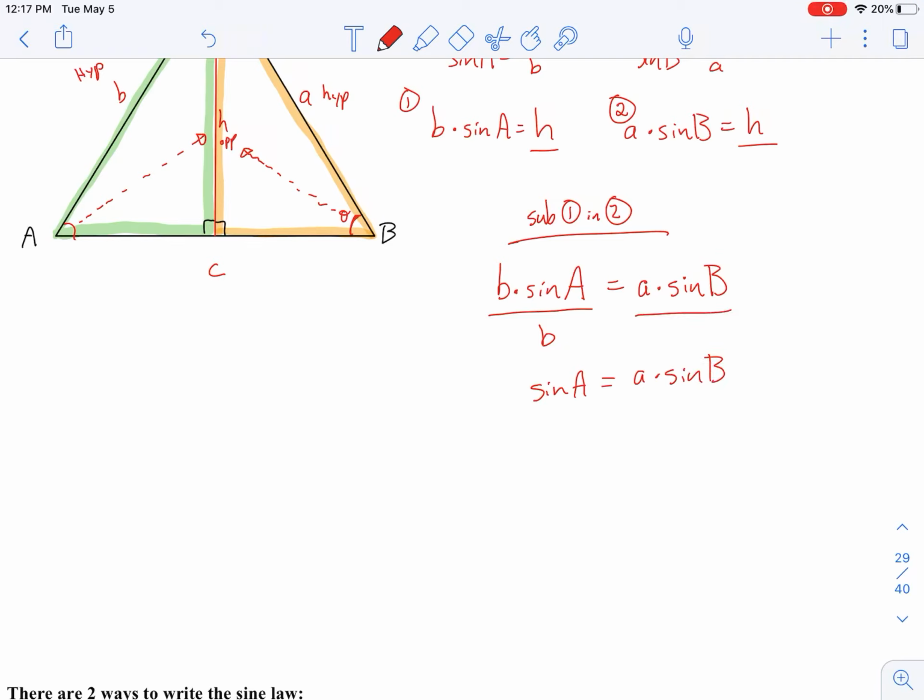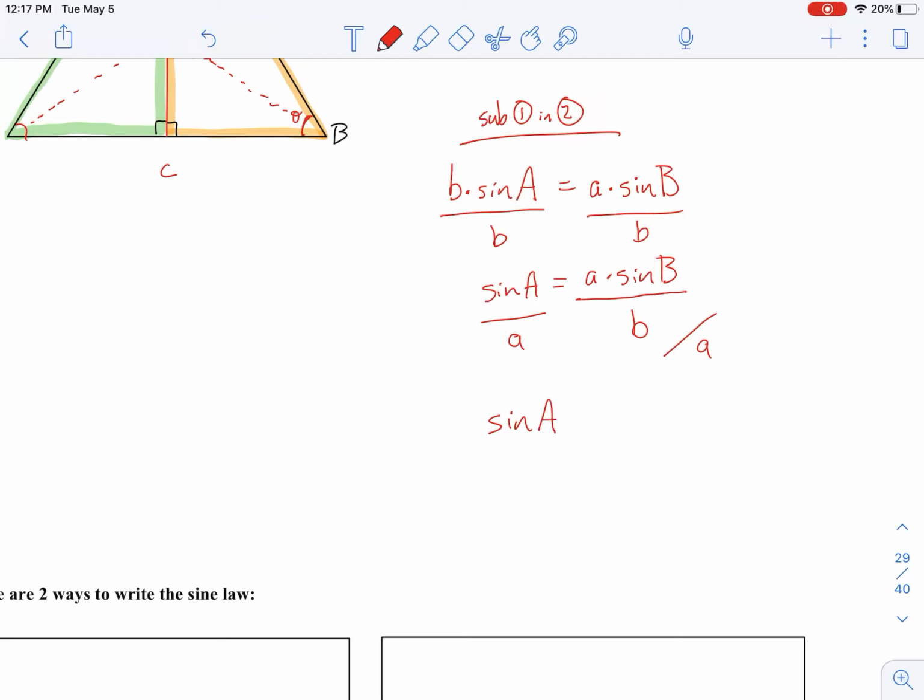I understand if you skip a step or two. So we get sine A over A is equal to A divided by A is 1. So we get sine B over B. And this is the start of sine law.